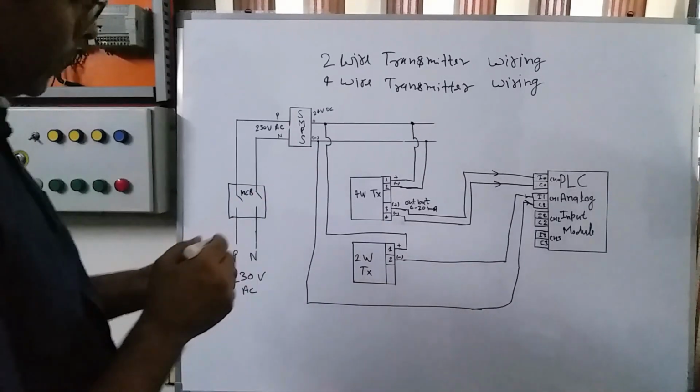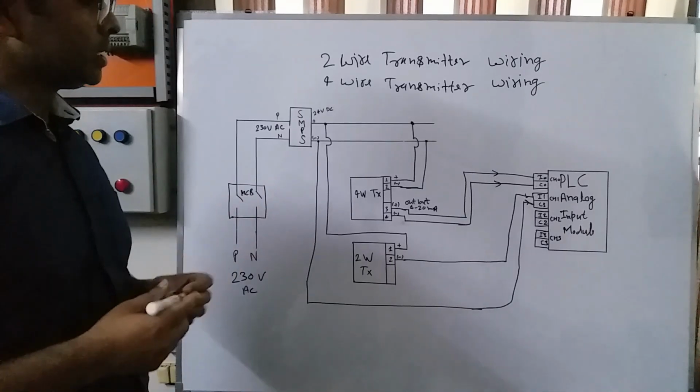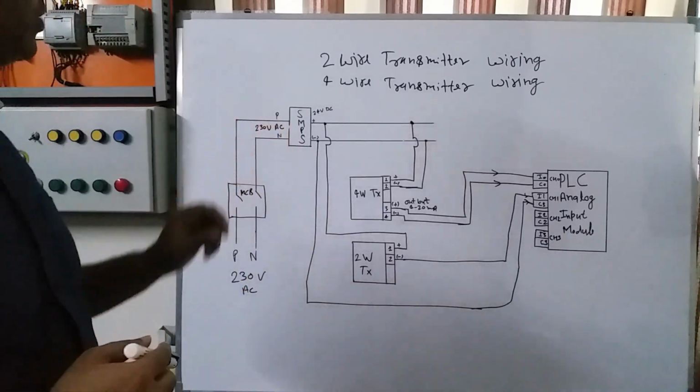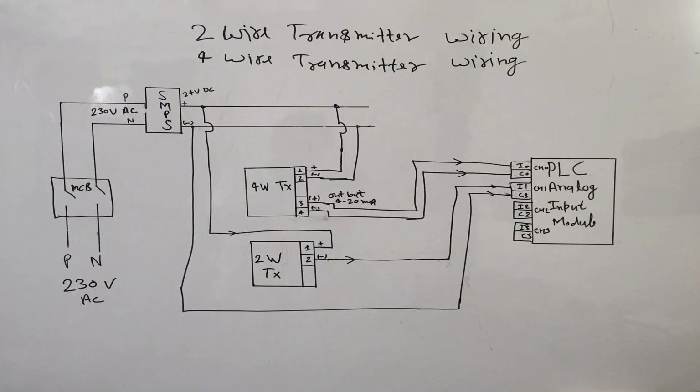That is, on channel 0 we have wired a 4-wire transmitter and on channel 1 we have wired a 2-wire transmitter. So in this way the wiring of the 2-wire transmitter and 4-wire transmitter is done.